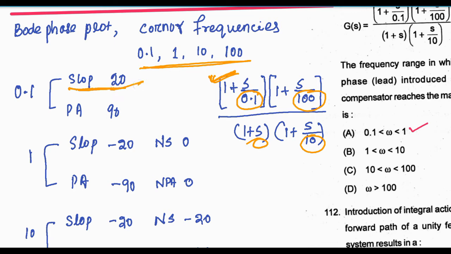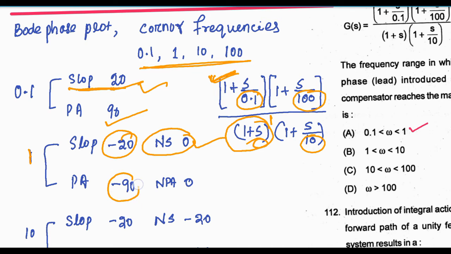Next corner frequency is 1, which is in the denominator, so this will be minus 20 into 1 because the power is 1. So what is the net slope? 20 plus minus 20, net slope is 0. And the phase angle for this one is minus 90. The net phase angle is 90 minus 90, so this will be 0.